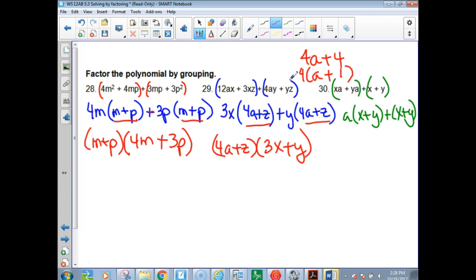You didn't take out the 4, you divided by it. So here, I have to factor out an x plus y. What am I left with? An a plus, how many x plus y's were over here? 1. Okay, here's another way to think of it. You can put a 1 in front of the parenthesis.